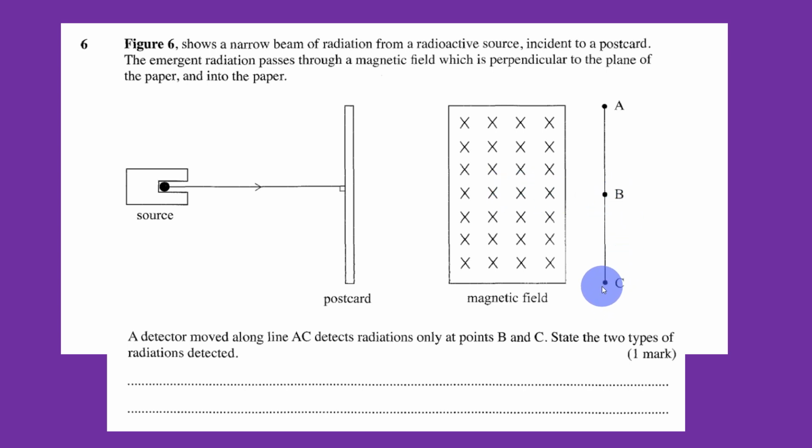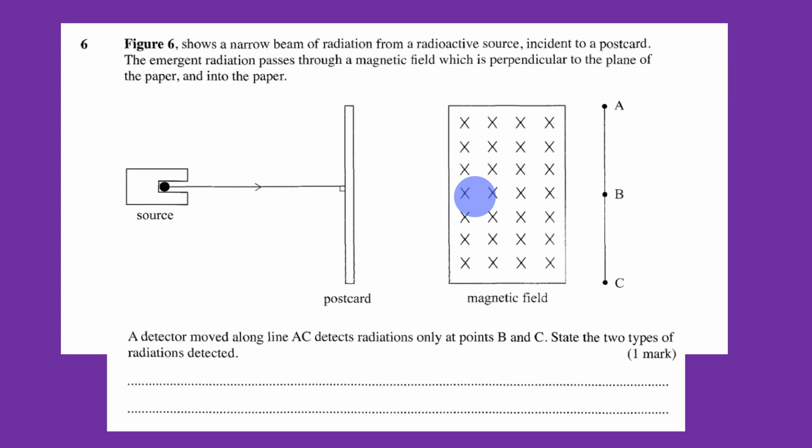There is this radiation here which is deflected downwards, and when you use Fleming's left hand rule with your first finger pointing into the paper and the second finger pointing in this direction, you'll be able to see that the thumb points downwards. The first finger points into the magnetic field, into the paper, and then we can see that the deflection is downward.